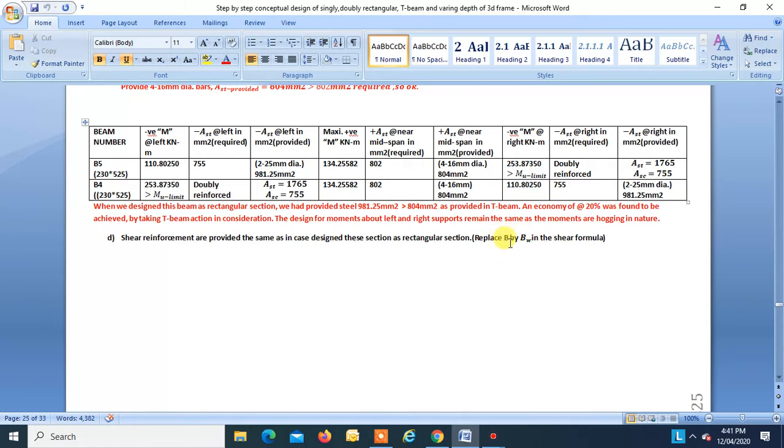B is the width of the rectangular beam, that is 230 in our case, and BW is the width of the web of the T beam. That is also 0.23, because we are providing BW as 230 mm or 0.23 meters. So in both cases our width is the same, so the calculations will not differ. But you have to remember to change the formula by replacing B with BW.